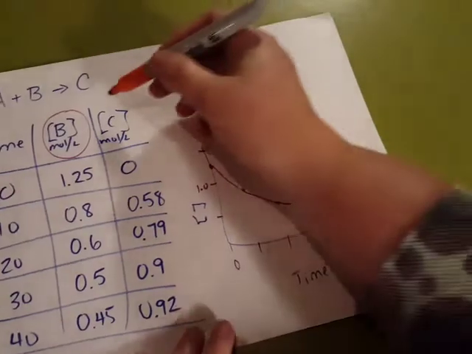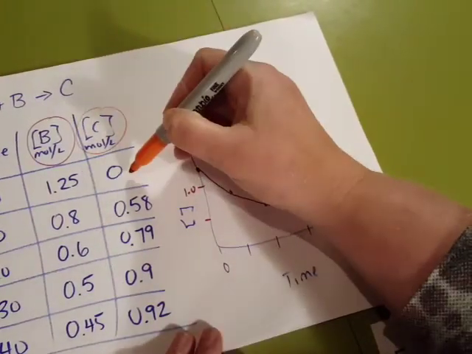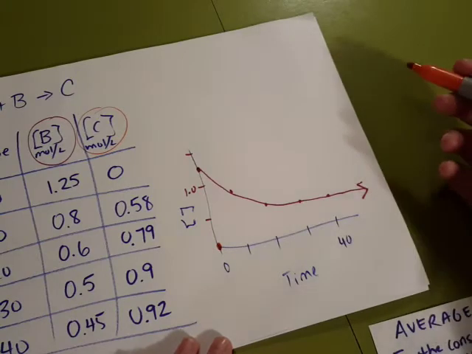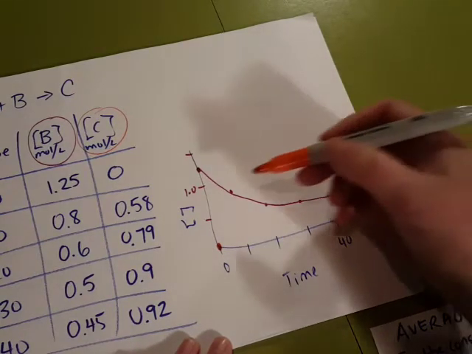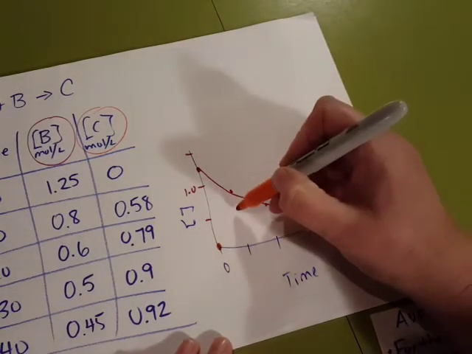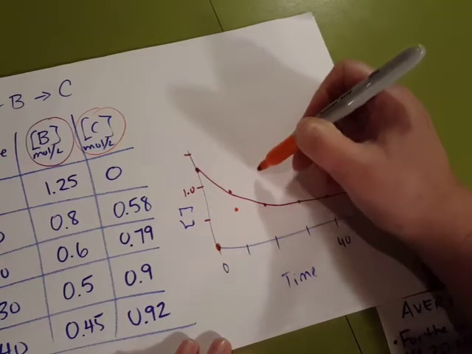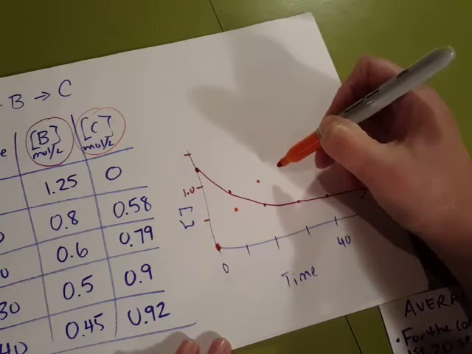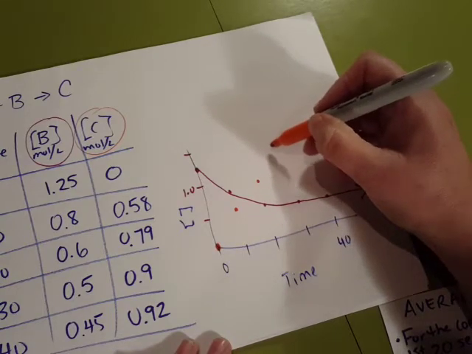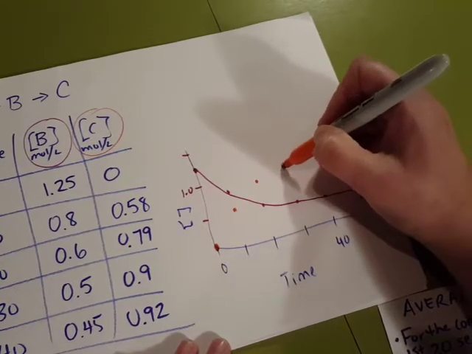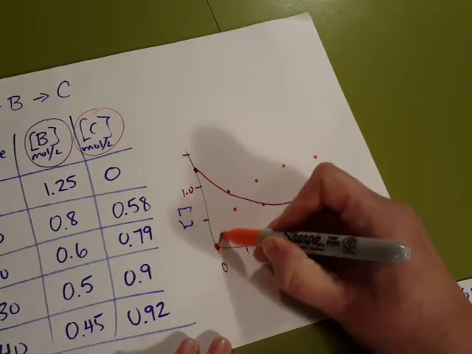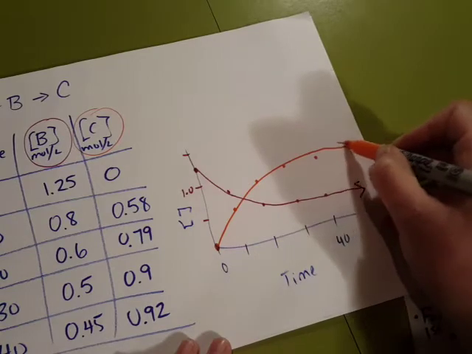And then C, when we start with C, we actually start with nothing. There's no C, that's just A and B together. And then we get it reacting. And so we very quickly see this rise, and then a bit of a petering off as well.